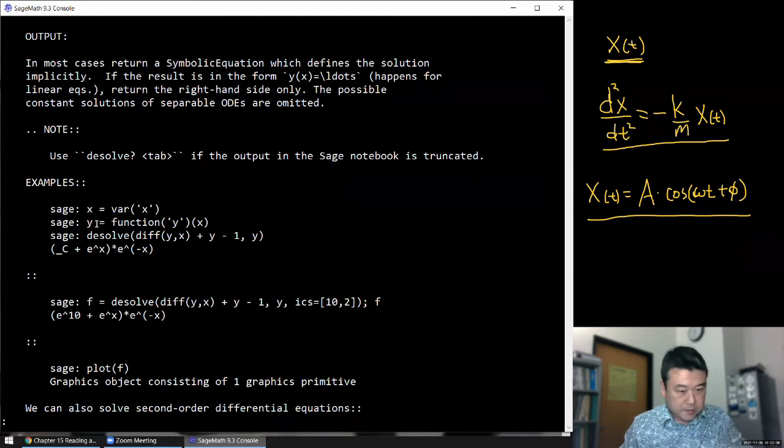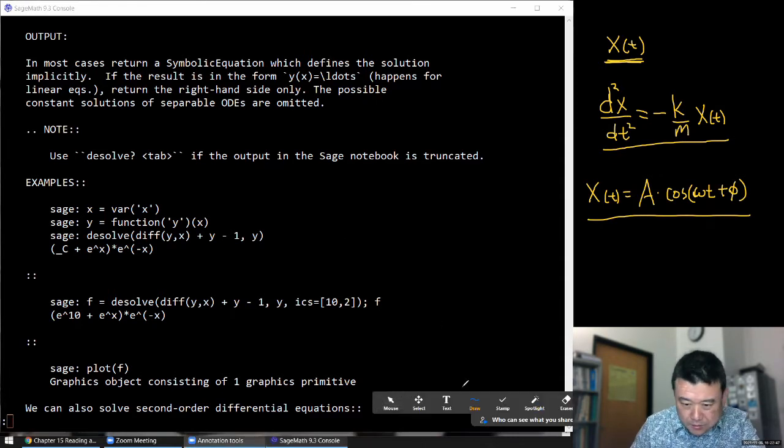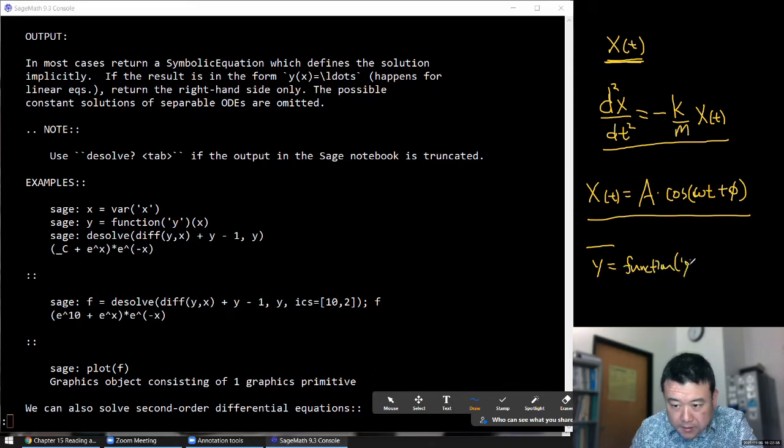Let me write this on the side, because when I exit the documentation it will disappear. So y equals function y. I guess that declaration is needed to tell SageMath that y stands for a function, not a variable.